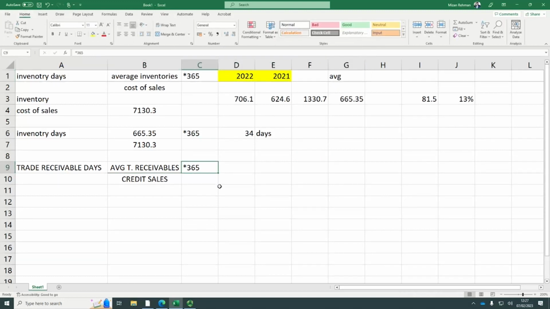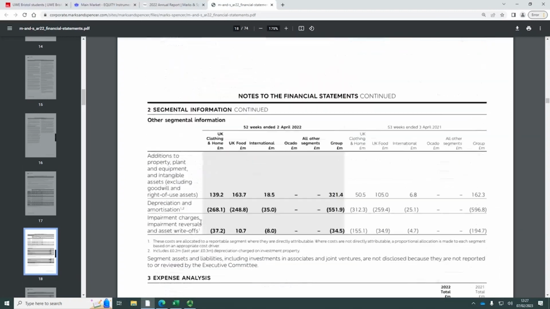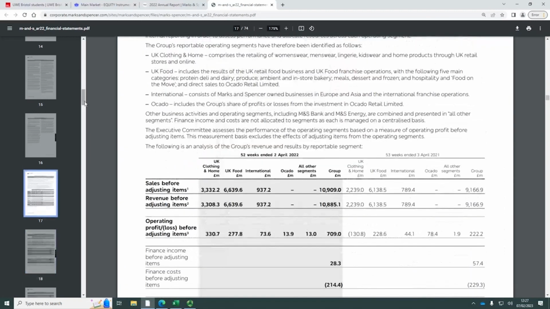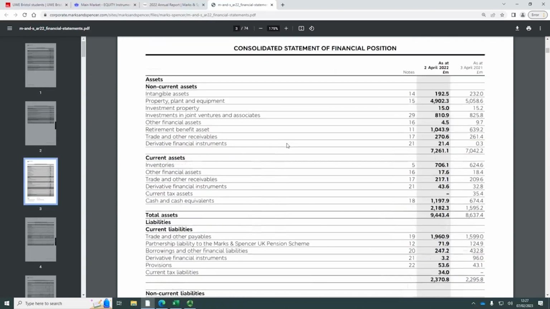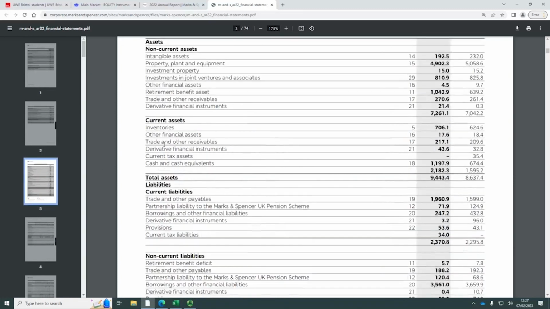the data here for receivables, for my 2022 receivables, going to my SOFP, here it is, my trade and other receivables, folks, 217.1 and 209.6.